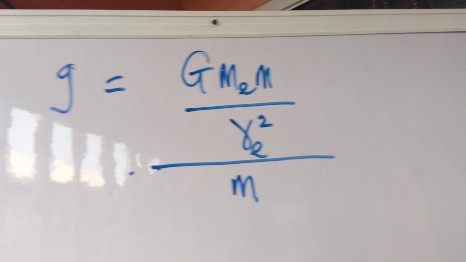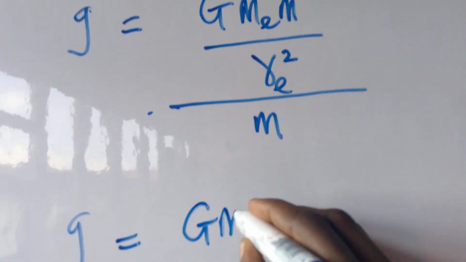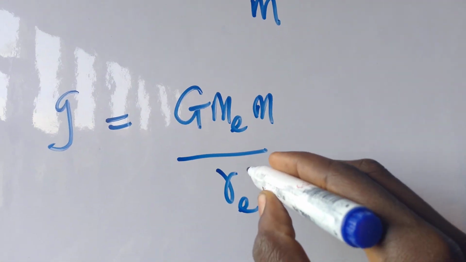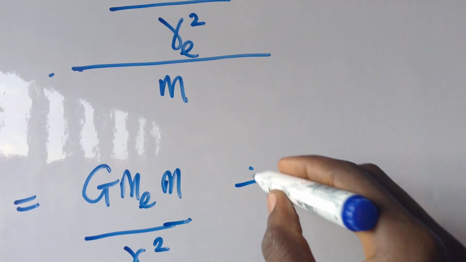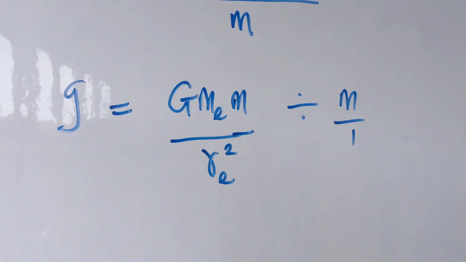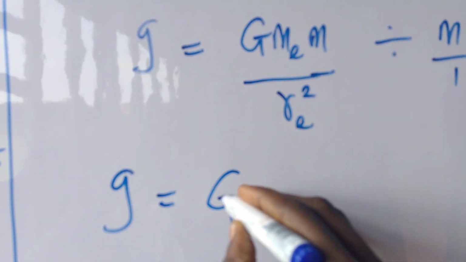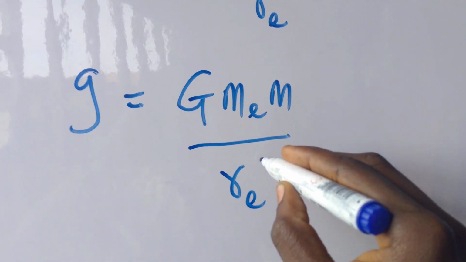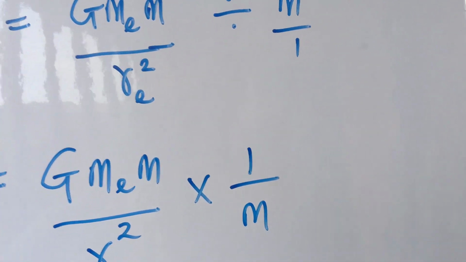Alright, so it then means that small g will be equal to capital G ME m over RE squared, divided by m over 1, which means that small g will be equal to capital G ME m over RE squared times 1 over m.